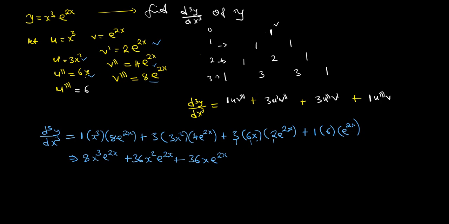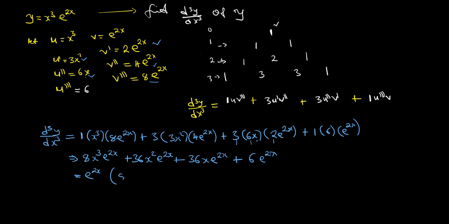Then plus, we have 6 times that, that is just 6, then e to the power 2x, like that. So this is the final answer. We are done, guys, but I can simplify something here. 6 is not common, but e to the power 2x is common, so I'll factor out e to the power 2x, just to show that I can do things.